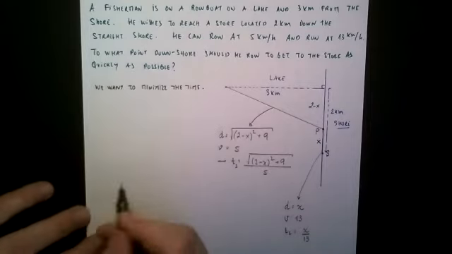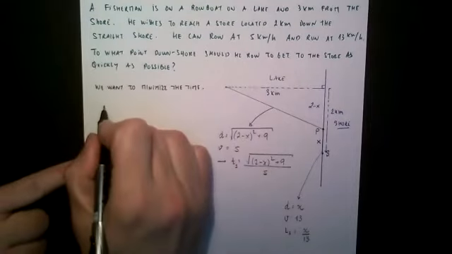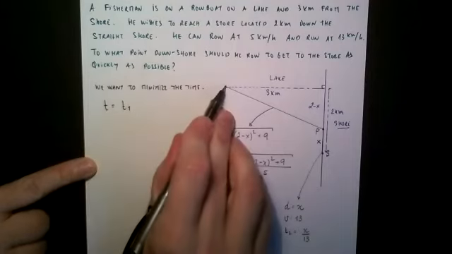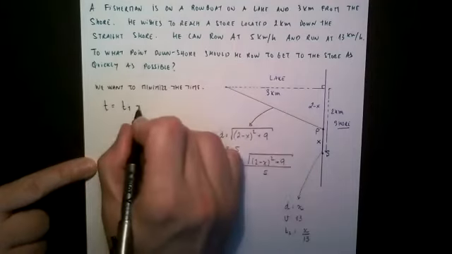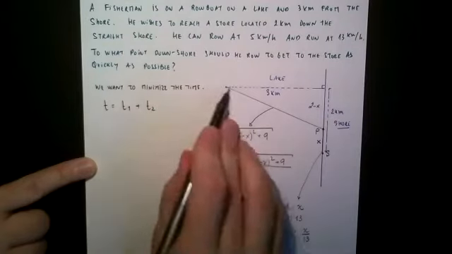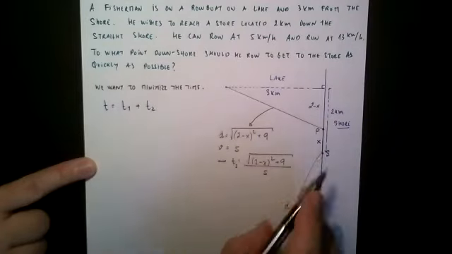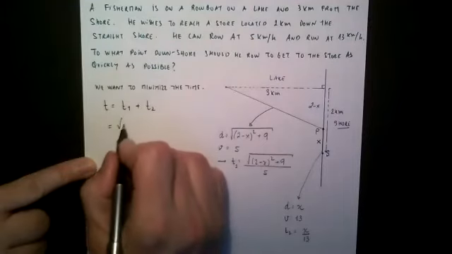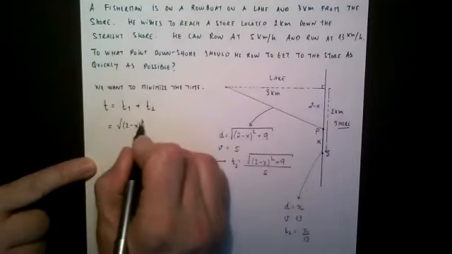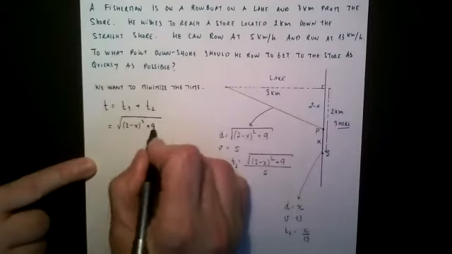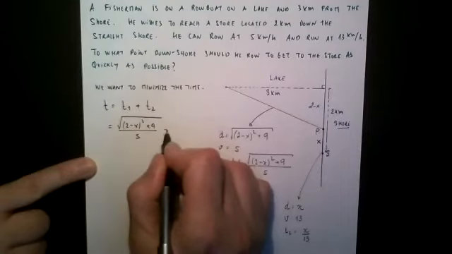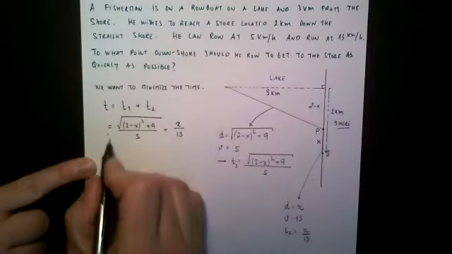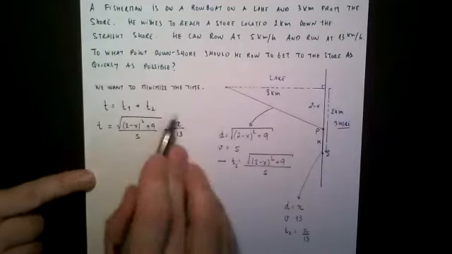Okay, so now we want to minimize time T, which is going to be T1, the time that it takes to row, plus T2, the time that it takes to run. And so T will be square root of (2 minus x) squared plus 9, over 5, plus x over 13. This is what I want to minimize.